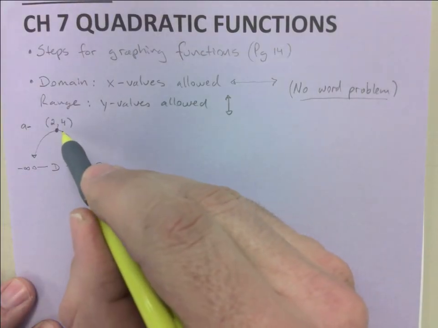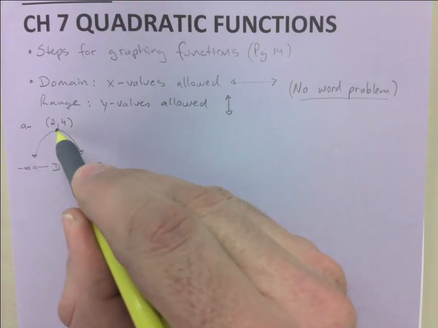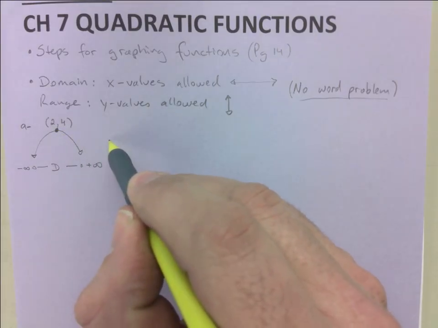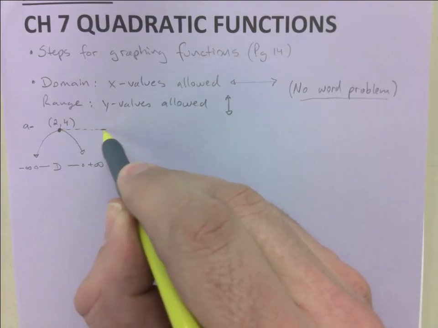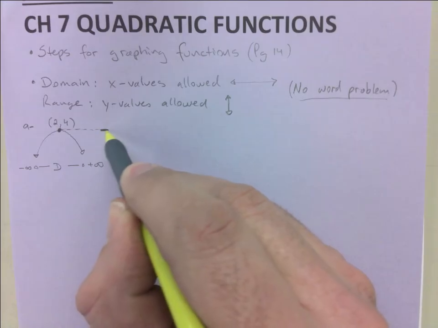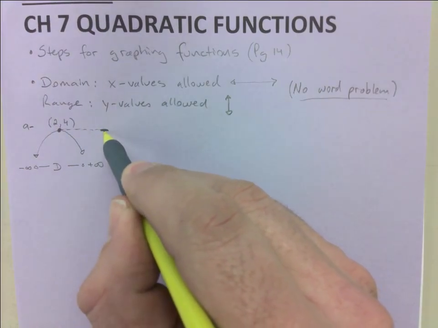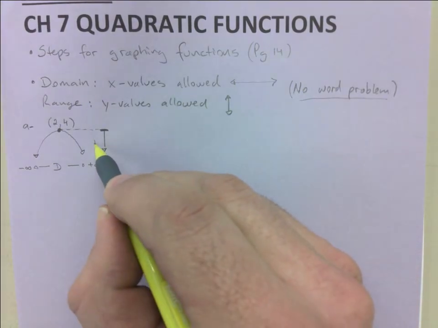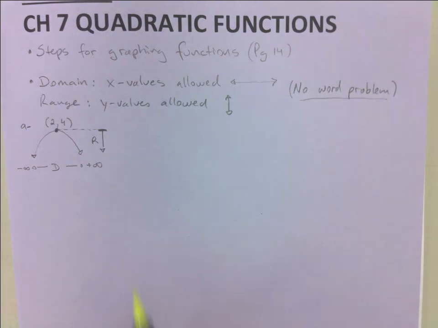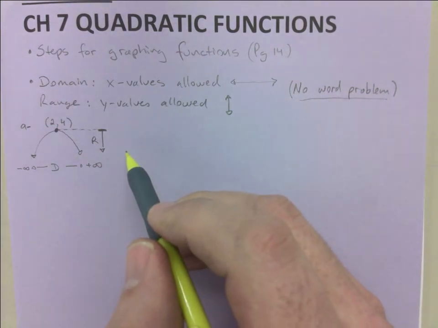But the range, I kind of project this onto my y-axis, guys. I project it. So I will take the top part and I'll make a little line here. I'm not allowed anything above it, but this keeps on going down. Okay? So for the range, I would actually encourage you to do this every time, right?